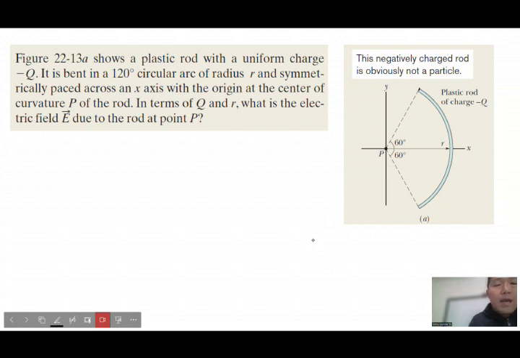We want to estimate the electric field exerted by this arc line charge onto this observation point P, the origin. So let's take a look.